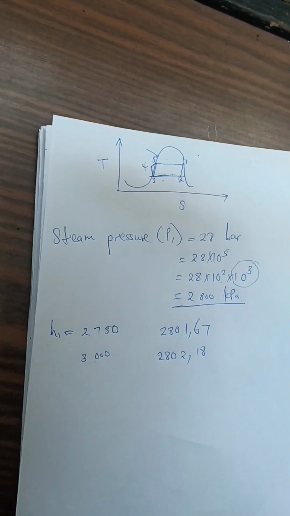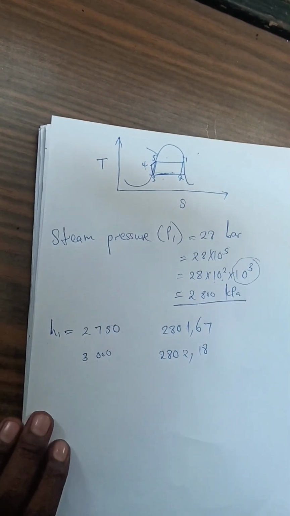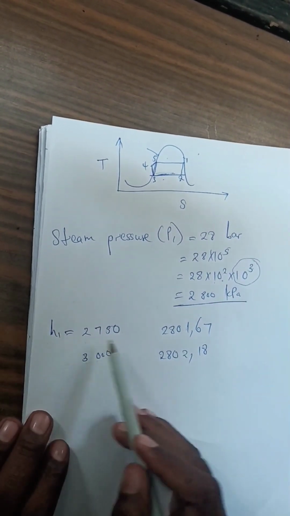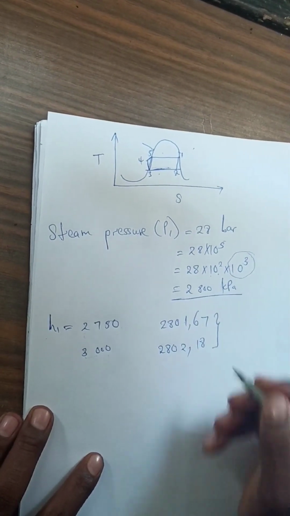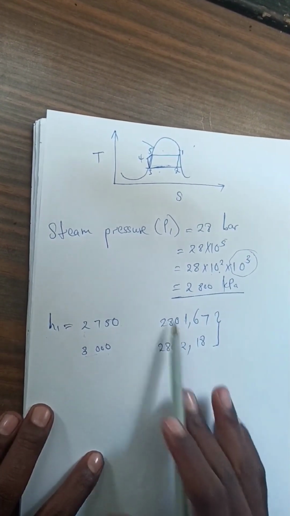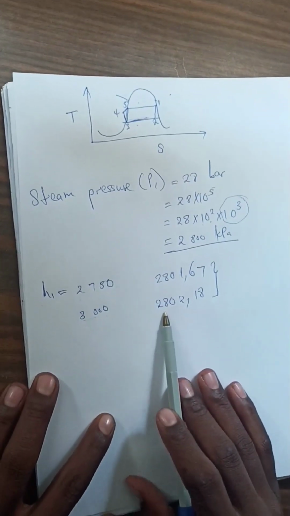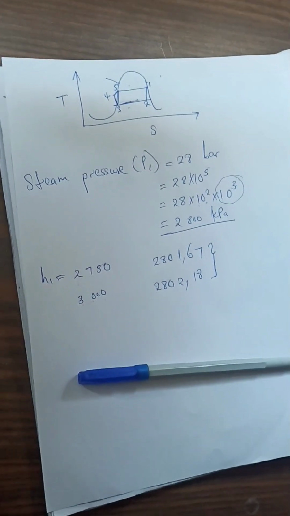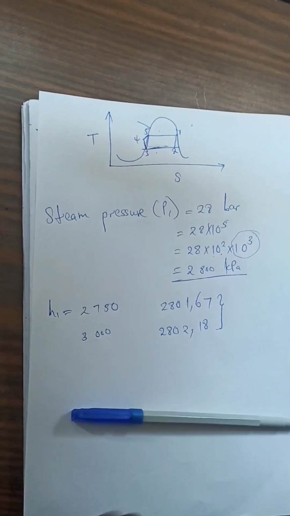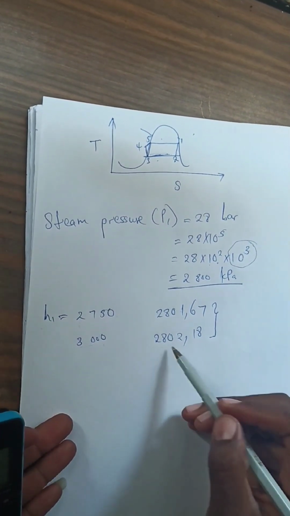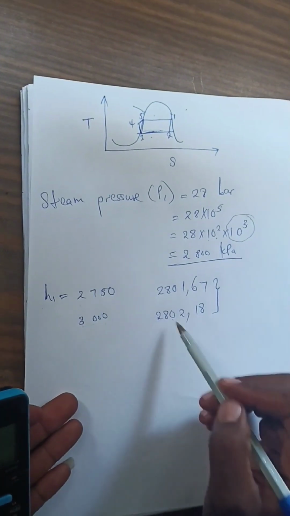After having these values, don't forget that we need the Hg for 2,800. After obtaining these values, we have to subtract these two numbers. We have to subtract this number from this one.